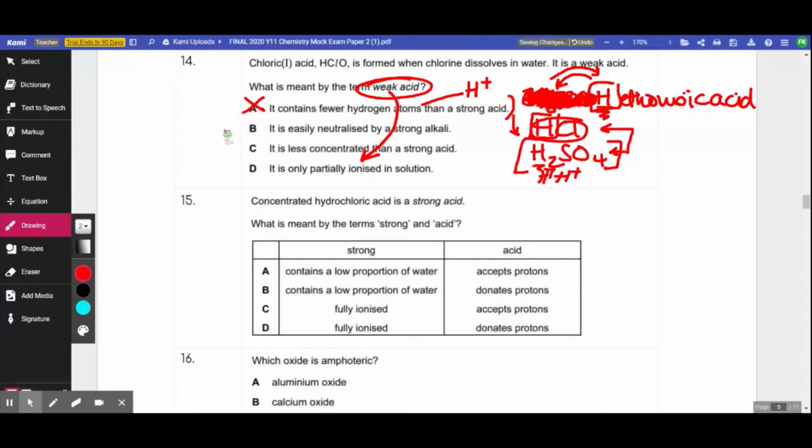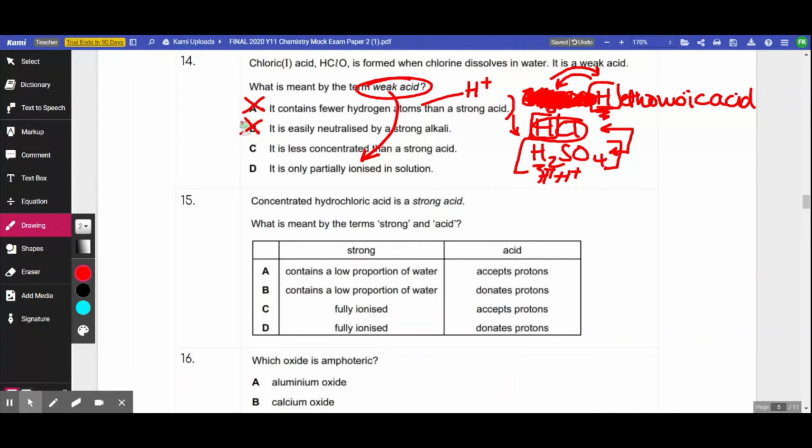It is easily neutralized by a strong acid. Well, strong alkalis are relatively easily neutralized by strong acids because strong acids have a source of H+ ions that can react with OH minus. So that's a very dubious one there.